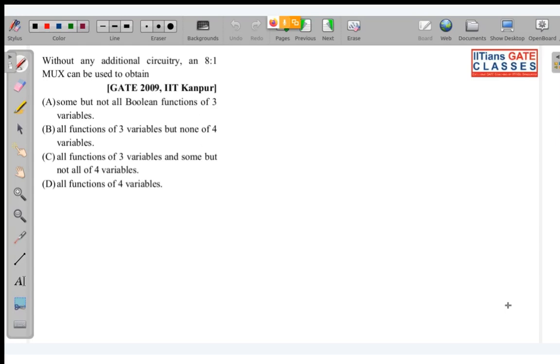Which option? So this is 8 cross 1. Okay, 8 is to 1 means 8 cross 1. Someone is saying C, someone is saying D. Only two answers. Why?